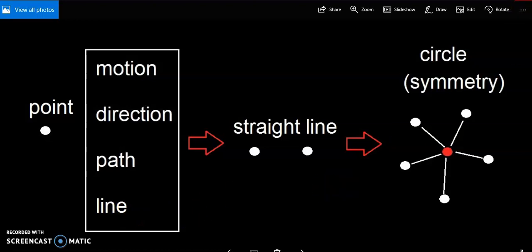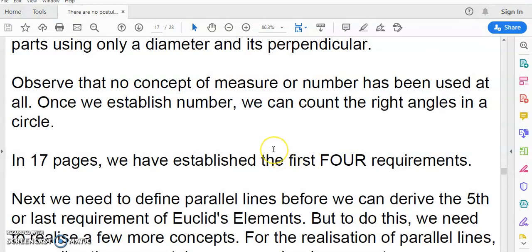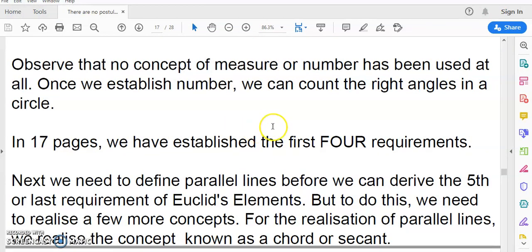Now I want to continue in this video to show you how we derive parallel lines. In Book 1 of Euclid, definition 23 just says that parallel lines are lines which do not meet in either direction, if extended in either direction in a plane.